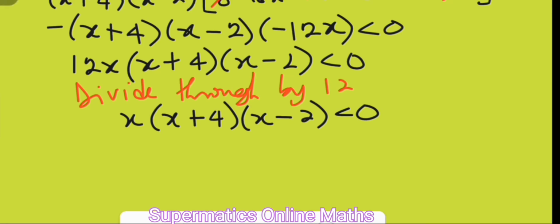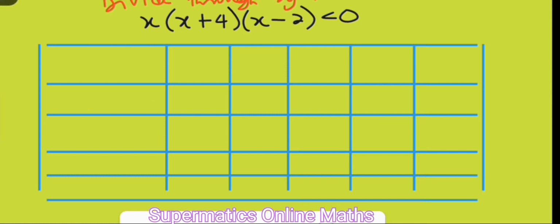for the solution. Now we are going to examine the different ranges that could possibly give us the solution using this table. Now in this table, we have x plus 4, x minus 2, then their product here, as we have in the inequality above.